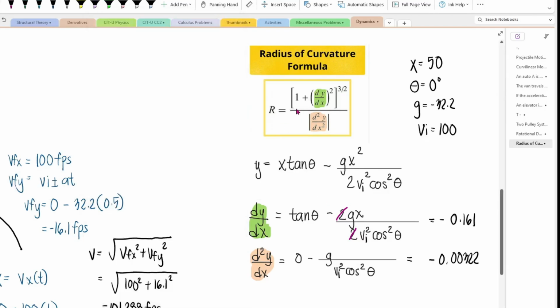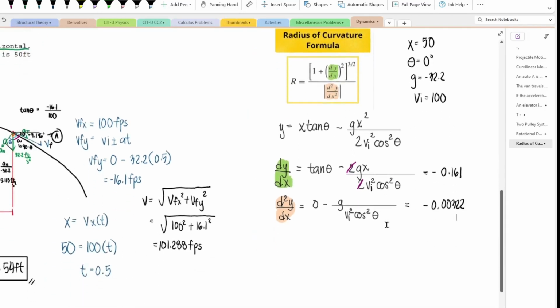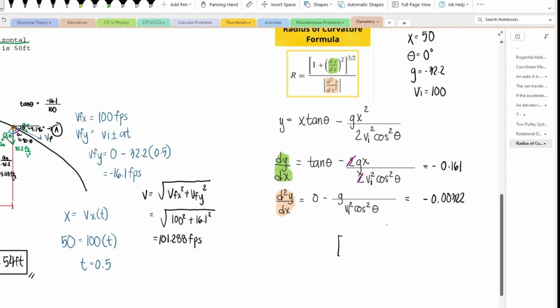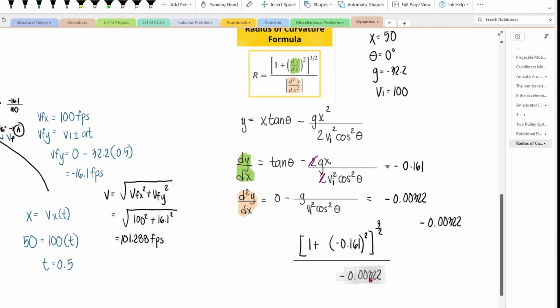And so using this formula, we have 1 plus negative 0.161 squared to the 3/2, divided by this expression, minus 0.00322. But again, this has to be the absolute value, so just remove the negative sign.